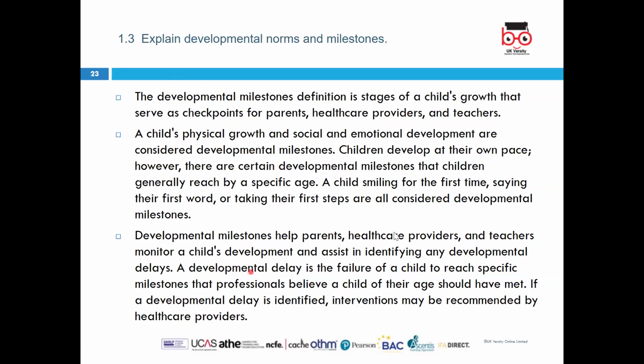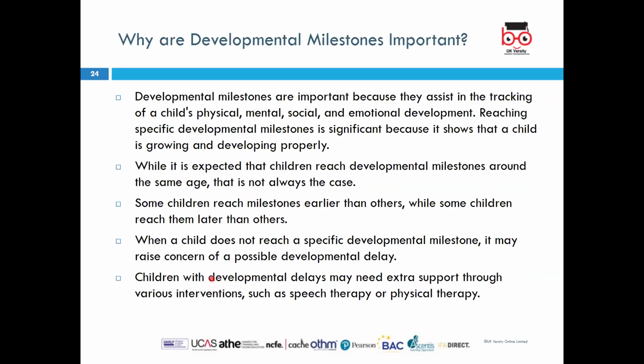These milestones help parents, healthcare providers, and teachers to monitor a child's development and to assist in identifying needs. A special needs child has their own developmental milestones that a parent, a healthcare provider, and a teacher should know. Then they give certain interventions, whichever need to be in place. Why are they important?